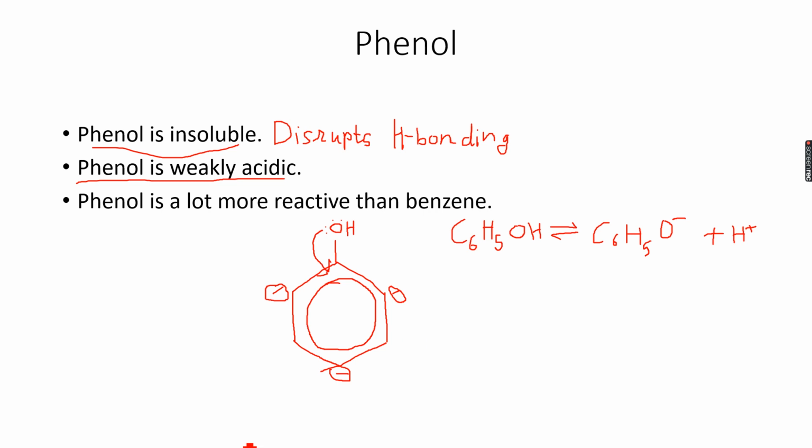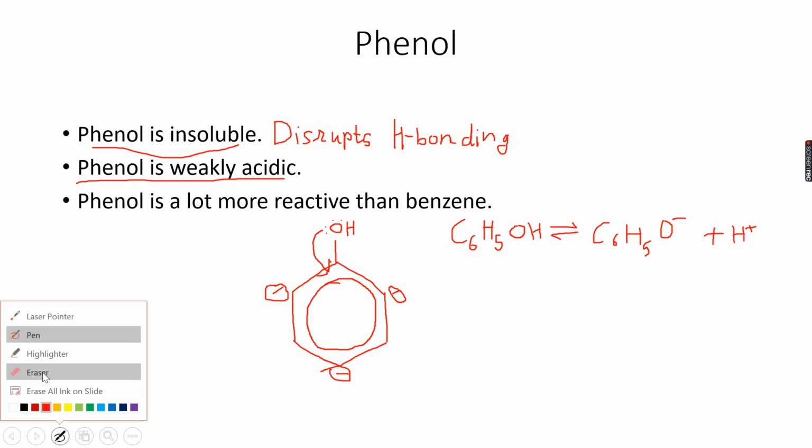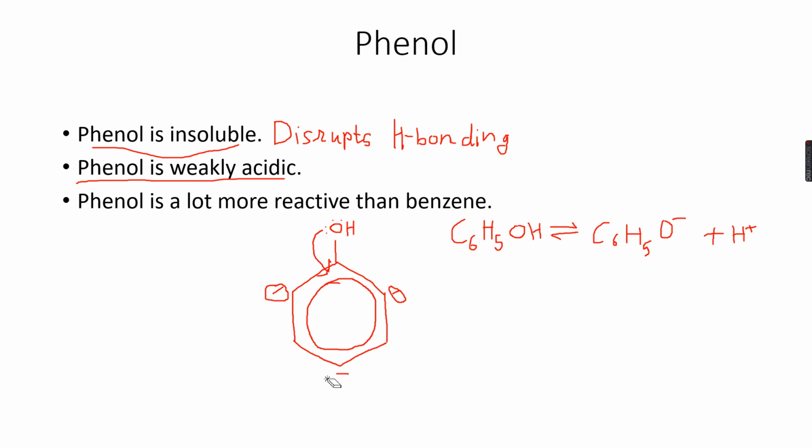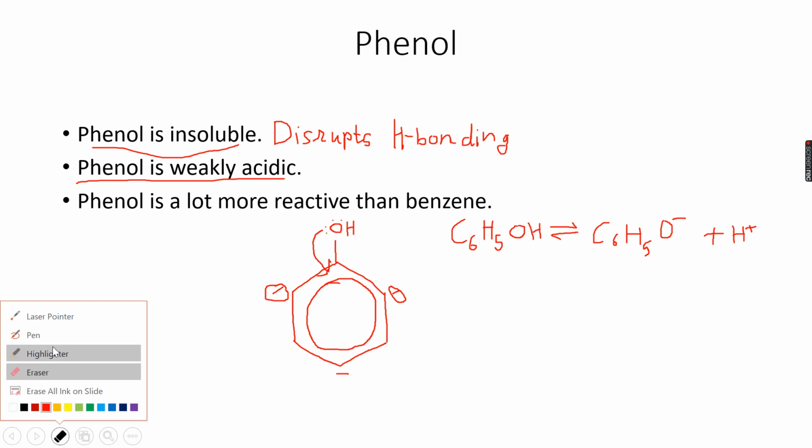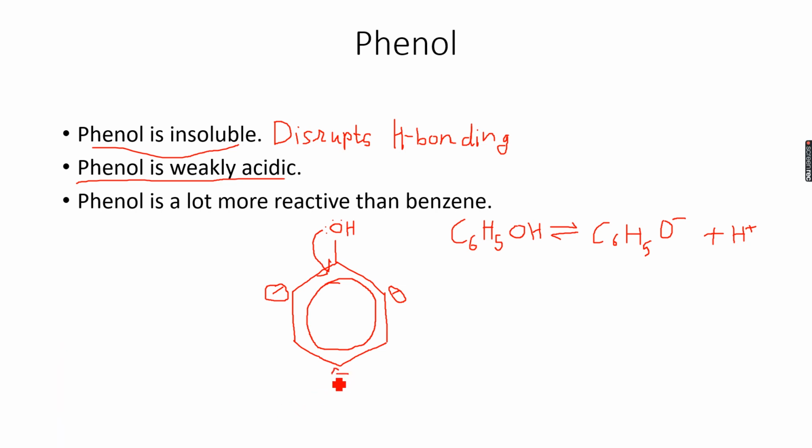And we will learn what this has as a consequence on the conditions used in the reactions with phenol as we go further. As these 2, 4, and 6 positions are activated, this molecule becomes much more reactive.